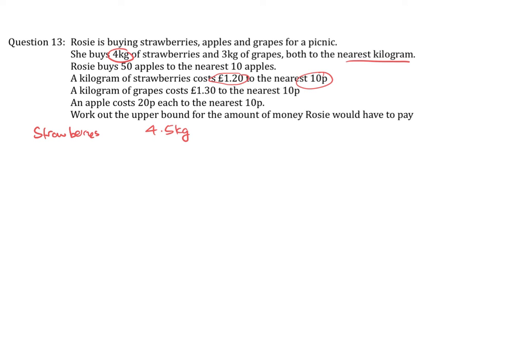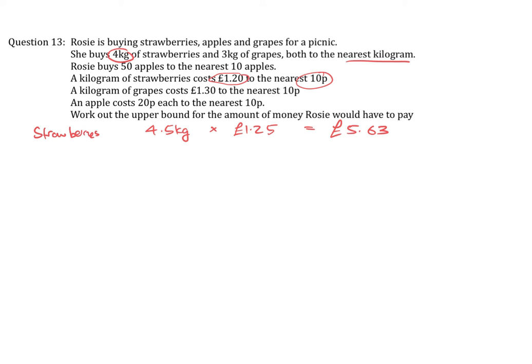So the upper bound of that would be £1.25. So we're looking at 4.5 times 1.25. The maximum she would pay for the strawberries is going to be £5.63. It's actually £5.625. We'll round it to the nearest penny.